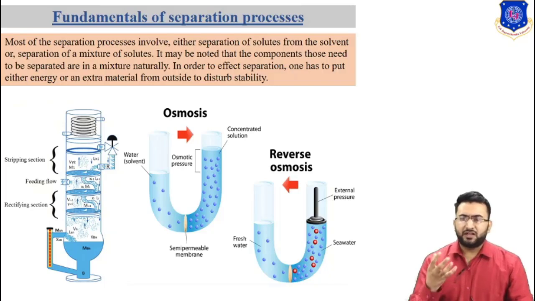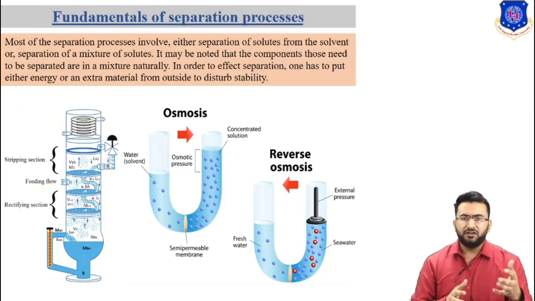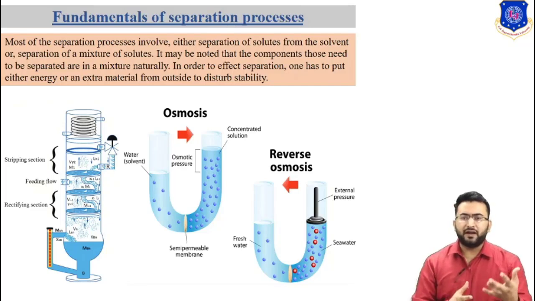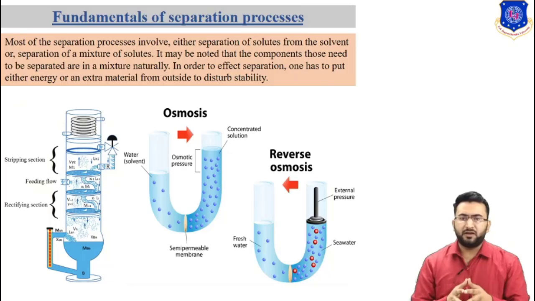Let's consider the case of separation of salt from seawater. In this system, thermal energy is added to the system and water is evaporated, leaving behind the salt. Let's consider another case of separation, such as charged colloid particles which are stable in solution.